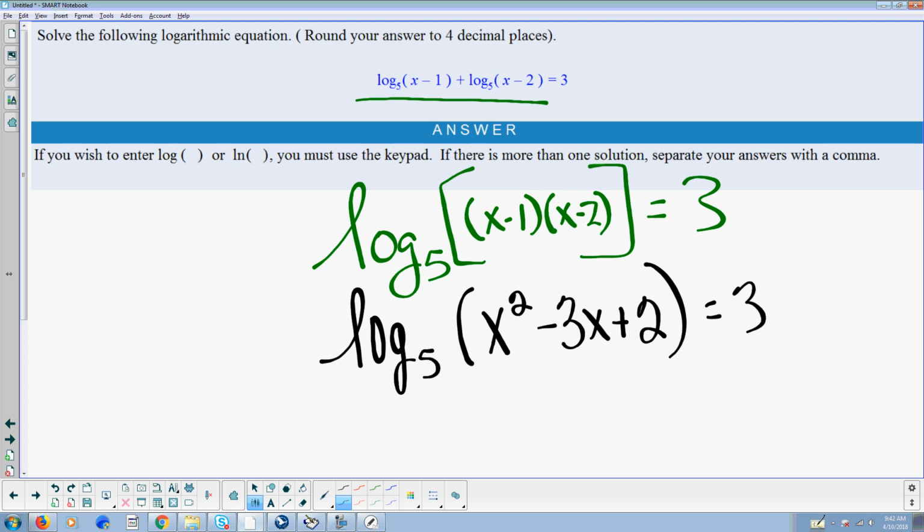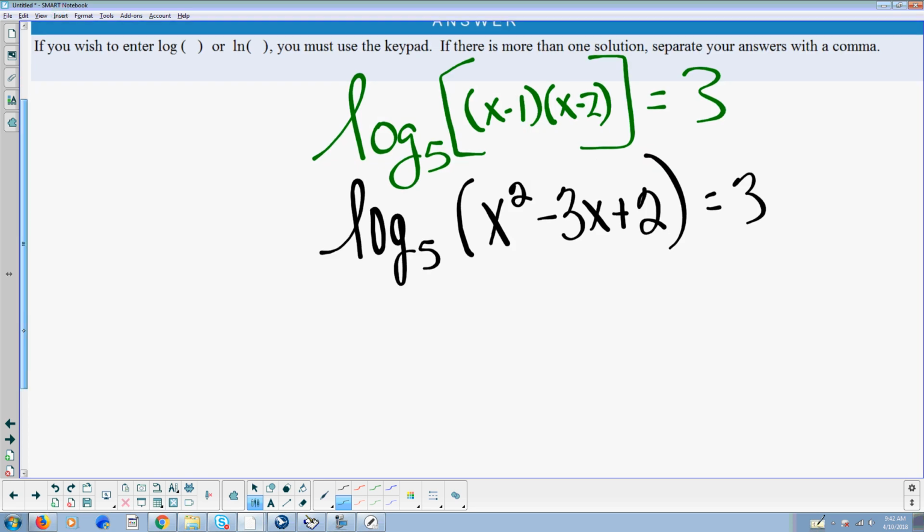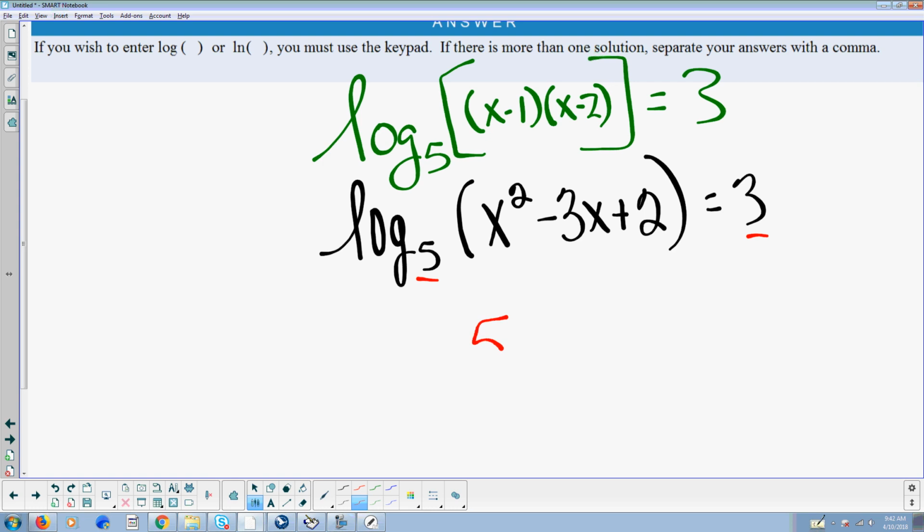You could either have log on both sides of the equation or log on one side of the equation. If you got log on both sides, you're basically trying to make both sides match. If you have a log only on one side, as we have here, you're going to convert it to the exponential form. So changing forms now, I'm going to write this as 5 raised to the third power equals x squared minus 3x plus 2.